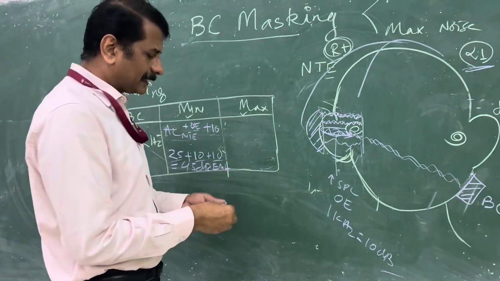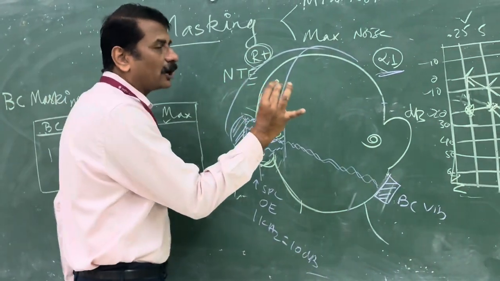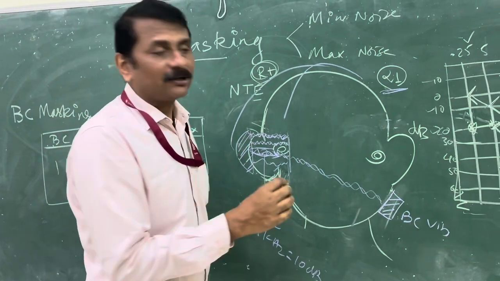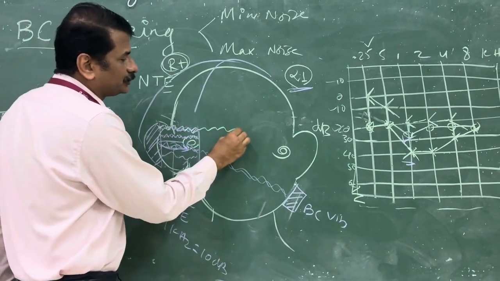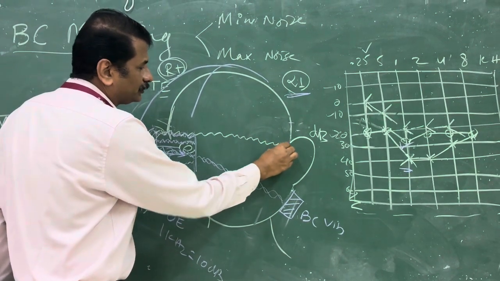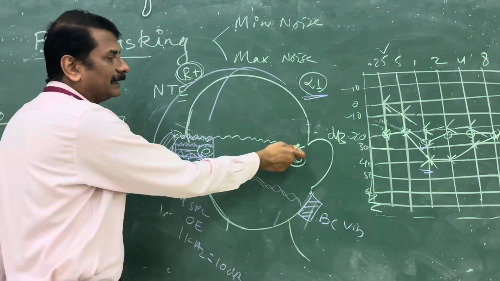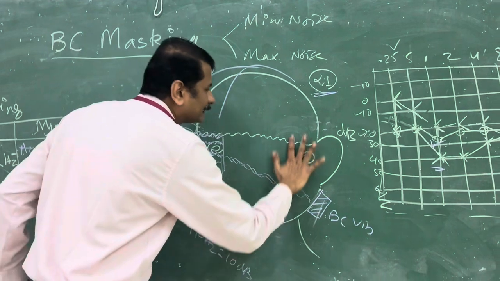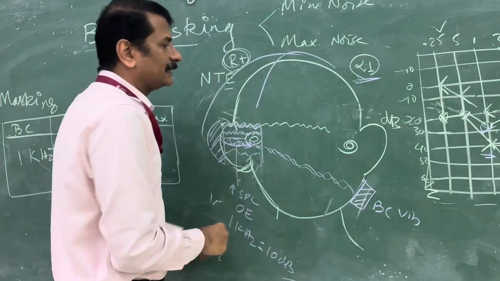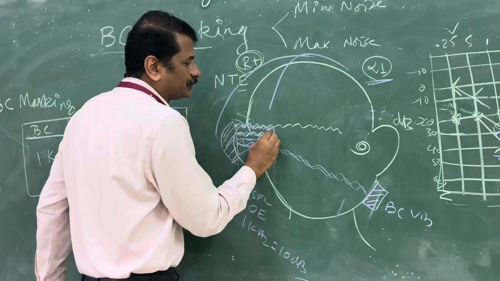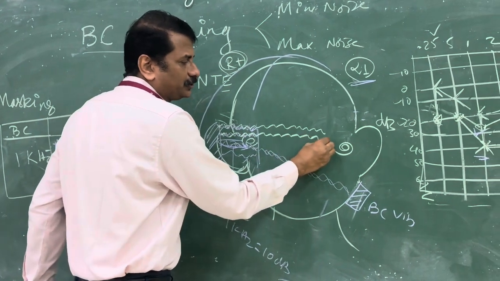Then comes the maximum masking noise. You have to say stop when the maximum masking noise reaches. So from here the noise has to be there. Should it stop till here? No, it should be just insufficient to reach the other ear. It should not be reaching the other ear, remember.